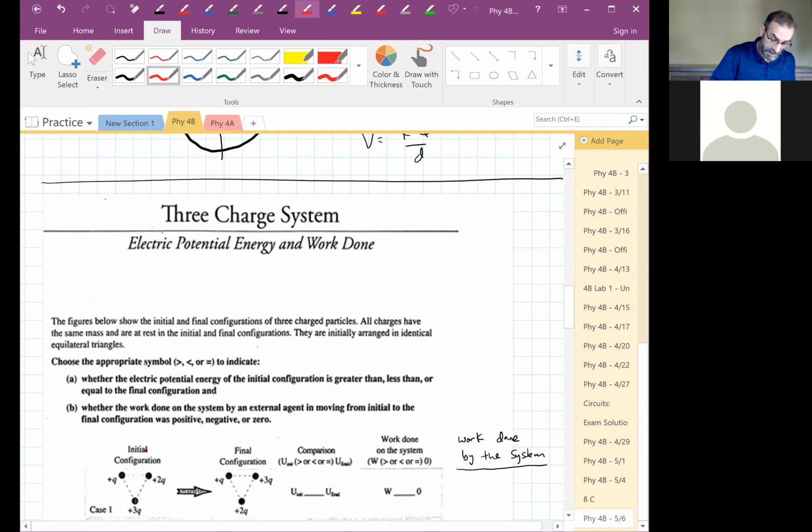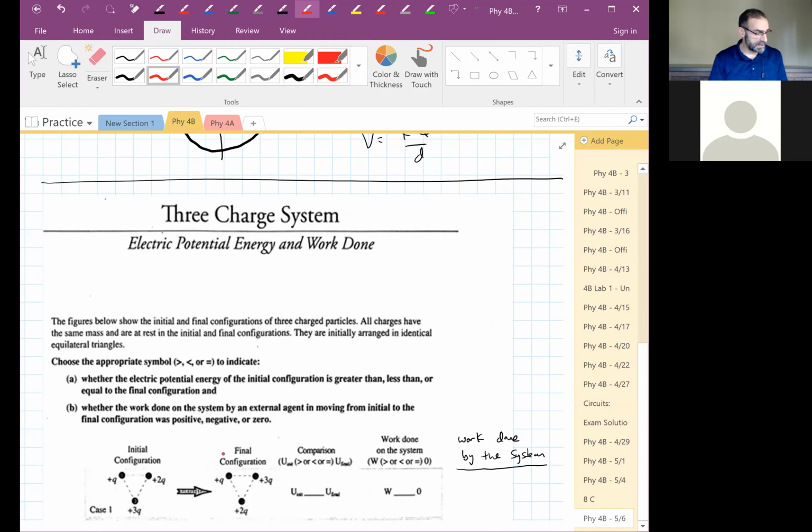They give us the initial and the final, and we want to know what happened during that time between the initial state and the final state. Did the potential energy of the system increase or decrease or stay the same? Was the work done on the system positive, negative, or zero? Was the work done by the system positive, negative, or zero? So we're going to fill in this table.